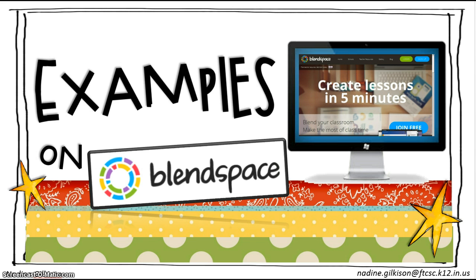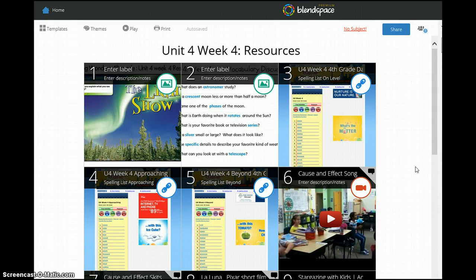Let's start off by taking a look at a few examples of Blendspace that I have created. One of the first Blendspaces that I created was based on our reading series, Reading Wonders. I took the essential question, vocabulary discussion, and the weekly spelling lists and added those onto my Blendspace.